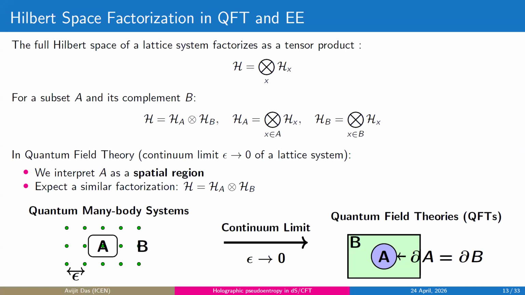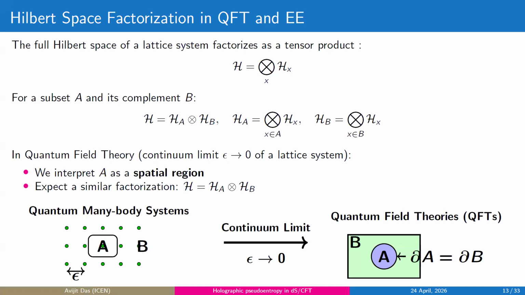Then you can factorize the full Hilbert space over points. For every point, you can define a Hilbert space, and then the Hilbert space of A is basically the product over all the points included in A, and the Hilbert space of B is the product over all the points that are in B.